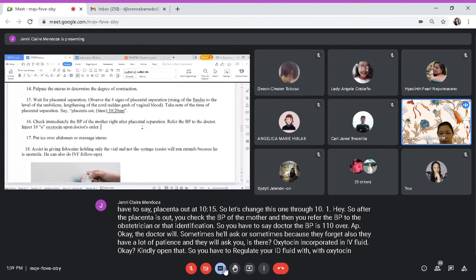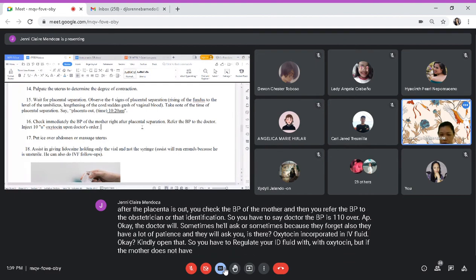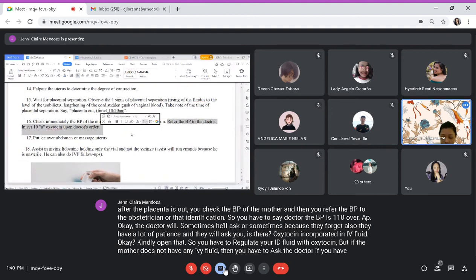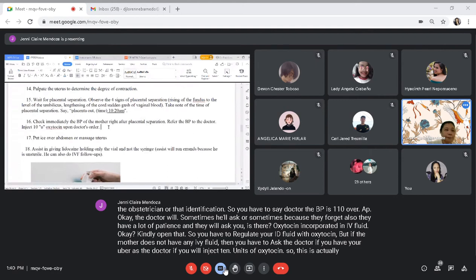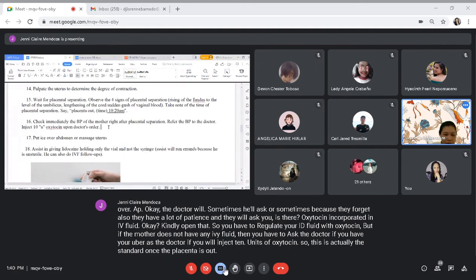But if the mother doesn't have any IV fluid, then you will ask the doctor if you will inject 10 units of oxytocin. So this is actually the standard. Once the placenta is out, oxytocin should be given to the mother.